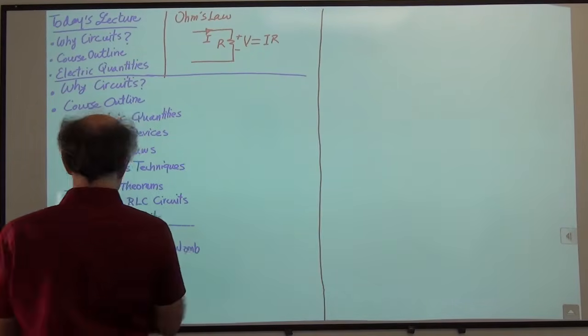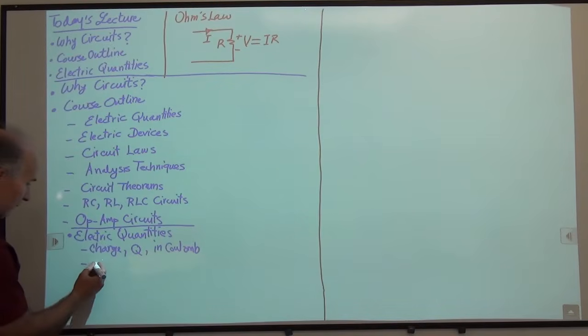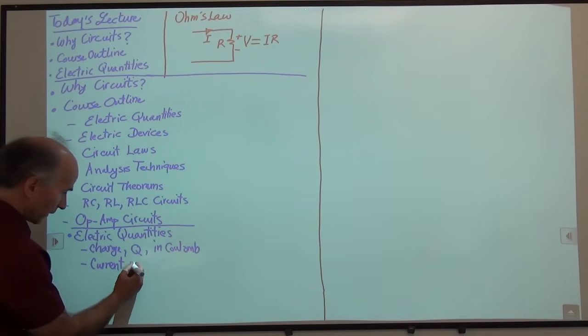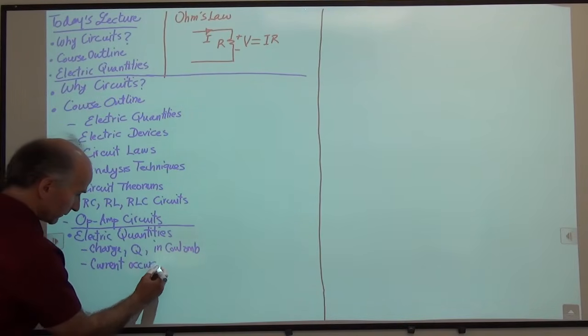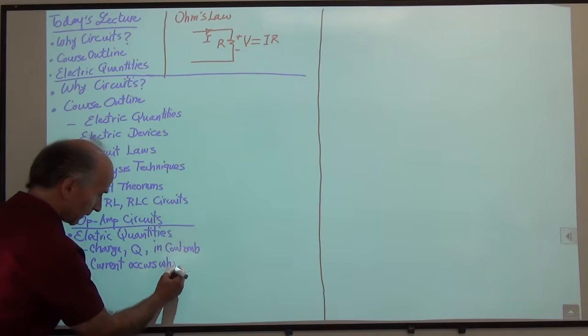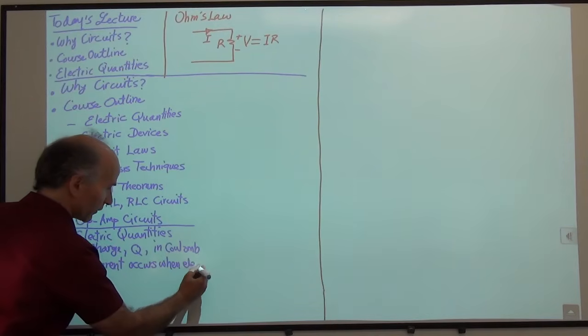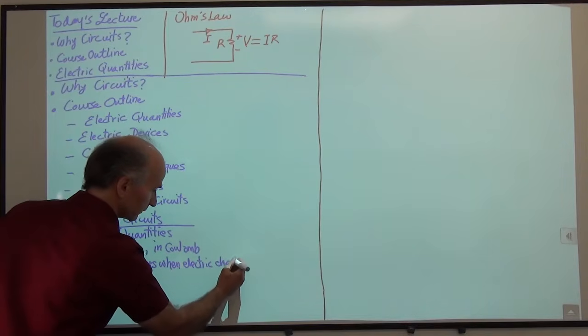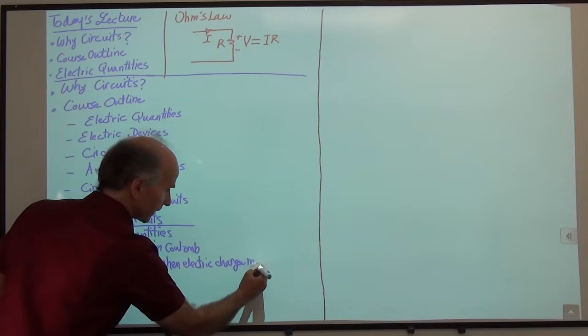So the next quantity that we study, and we study more carefully, is current. So we say current occurs when electric charge moves.